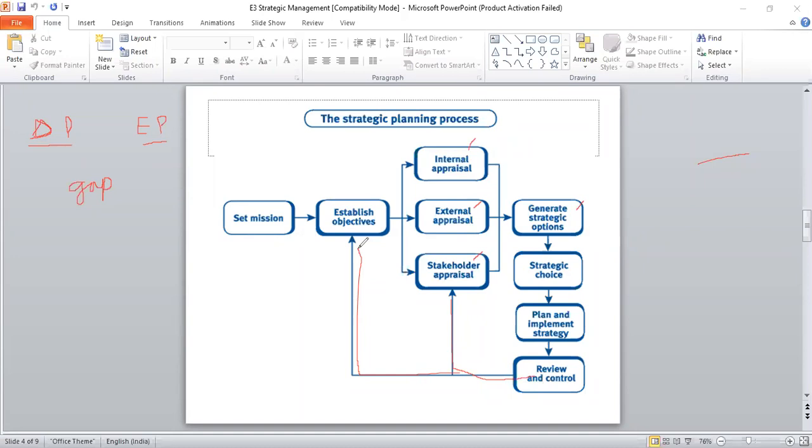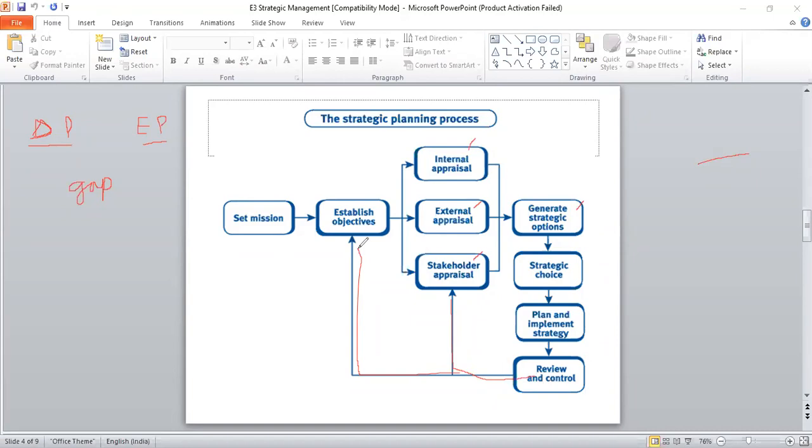Sometimes the objectives which are defined for the organization may not be possible to achieve. The standards may be very high. It is not possible to achieve such objectives because it is just not possible. So feedback is also given to the objectives, establishing the objectives.